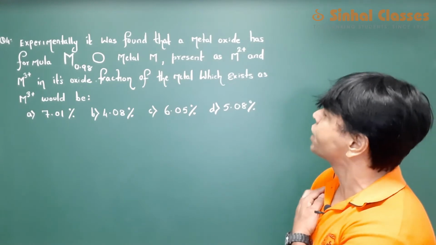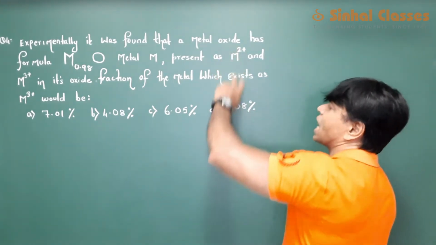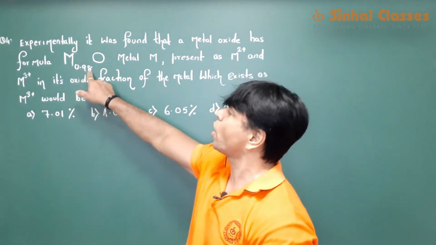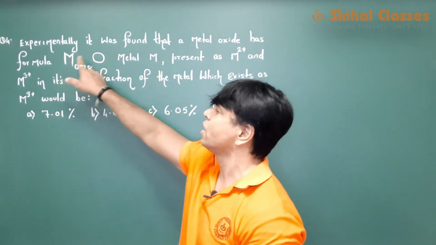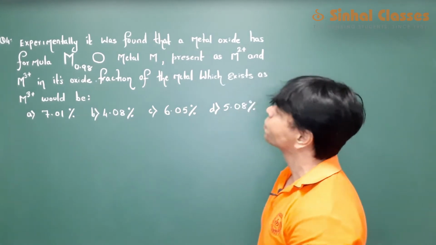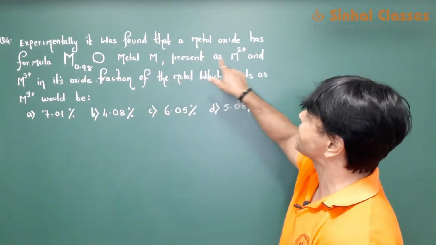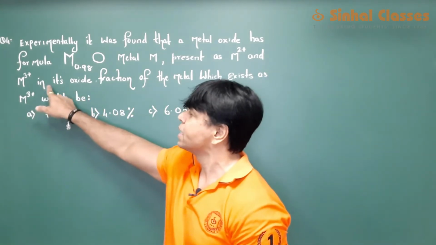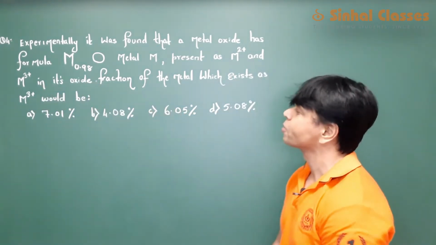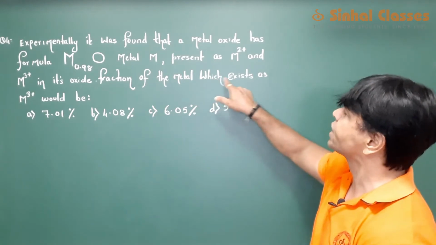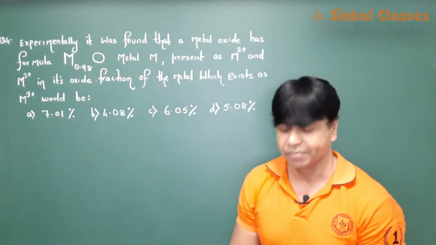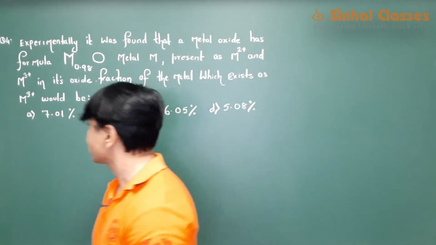Experimentally, it was found that a metal oxide has the formula M0.98O, that is metal, along with oxygen. Metal M is present as M2+ and M3+ in its oxide. Fraction of the metal which exists as M3+ would be. Very interesting question.